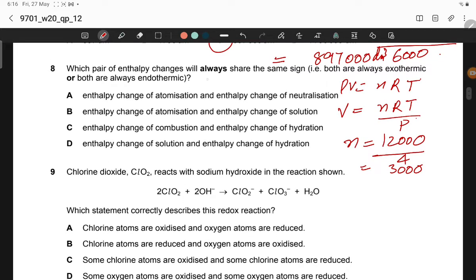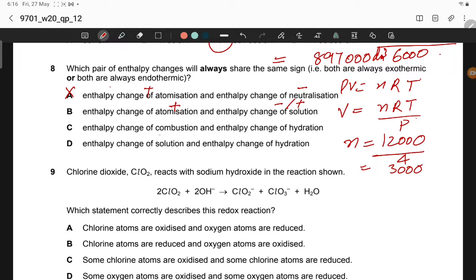Which pair of enthalpy changes will always share the same sign? Both are always exothermic or both are always endothermic. Option A, enthalpy change of atomization and enthalpy change of neutralization. This is negative, this is positive, so it is incorrect. Enthalpy change of atomization is endothermic, enthalpy change of solution is negative or positive.